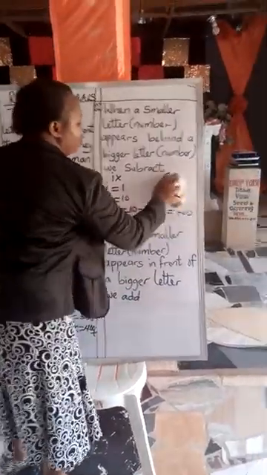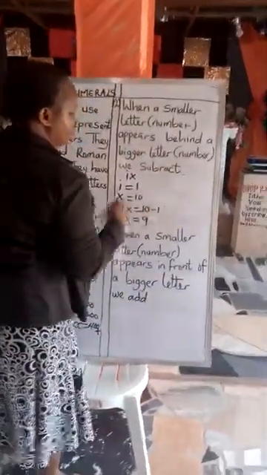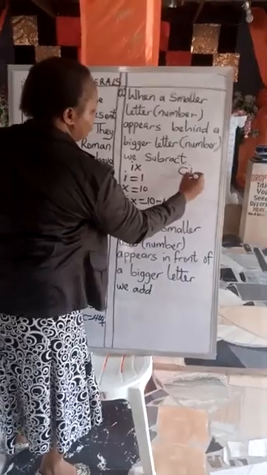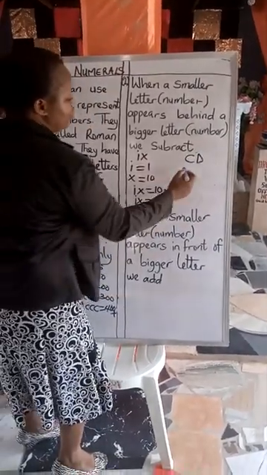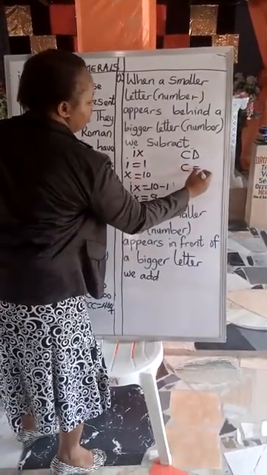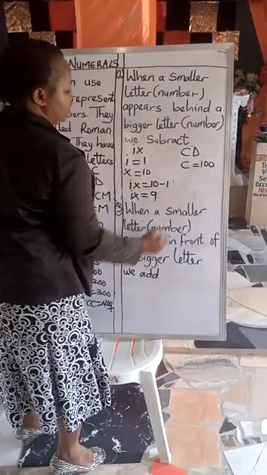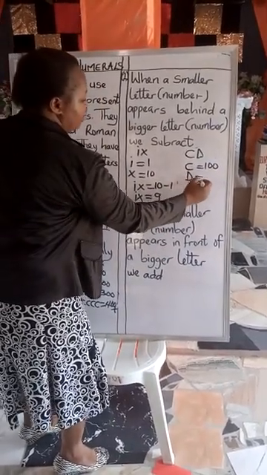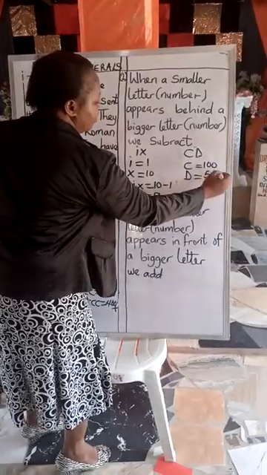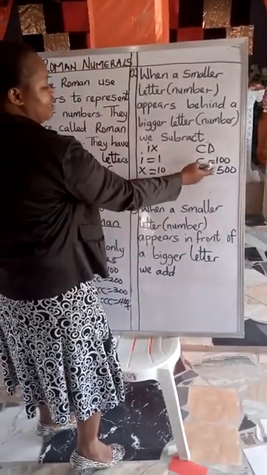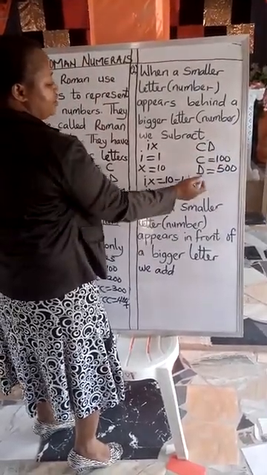Another example. When we have CD. What is C? C is 100. D is 500. We say that this C is smaller, while D is bigger.